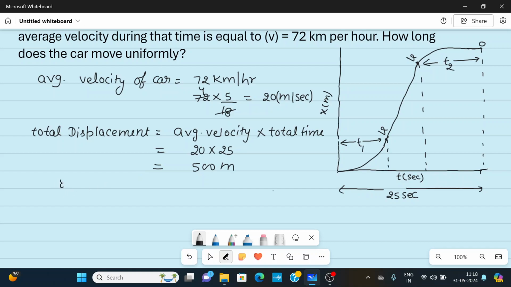We know the equation of motion, which is v final is equal to v initial plus at.